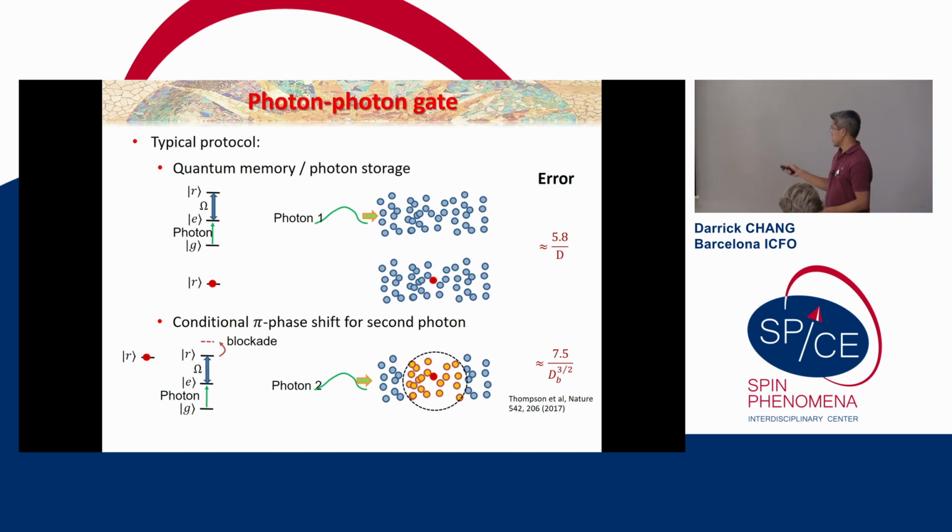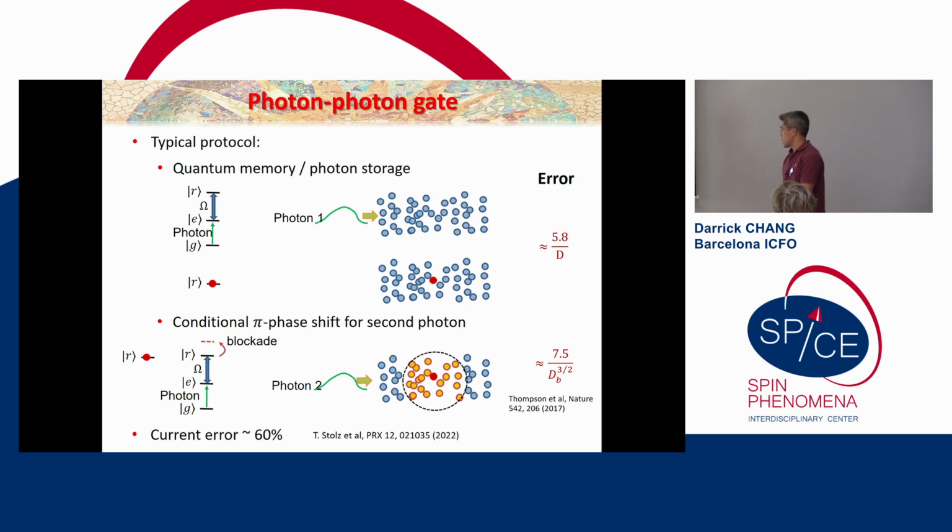So this is really just to illustrate that the optical depth really does enter in as a fundamental error limit. The problem, though, is that if you really try to do this in an experiment, the best experiment so far for a photon-photon entangling gate has an error of around 60%. Okay?